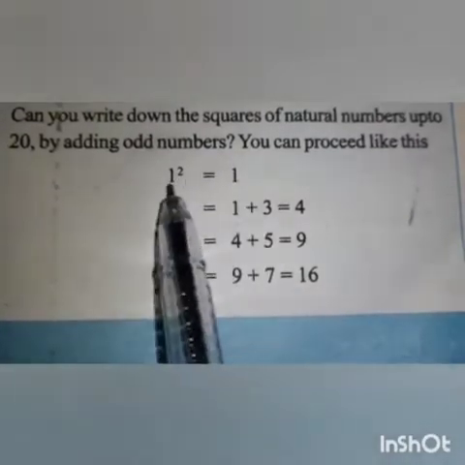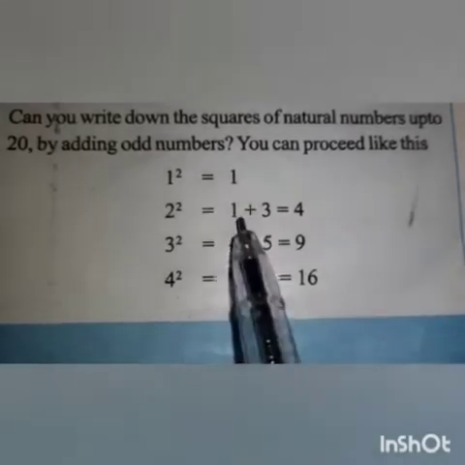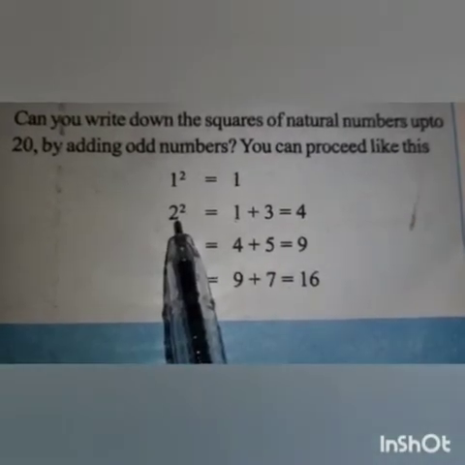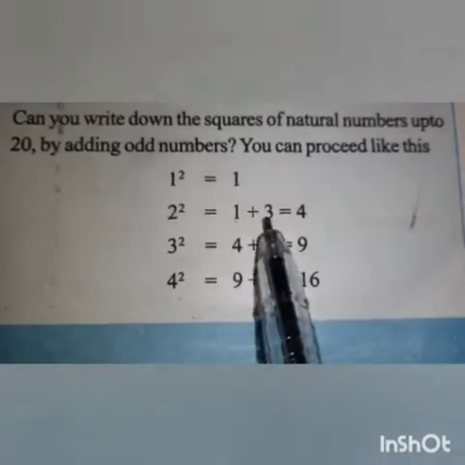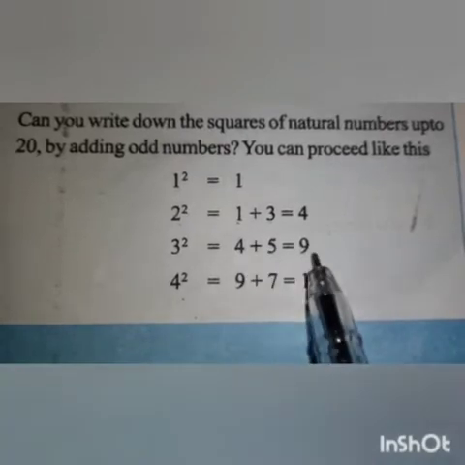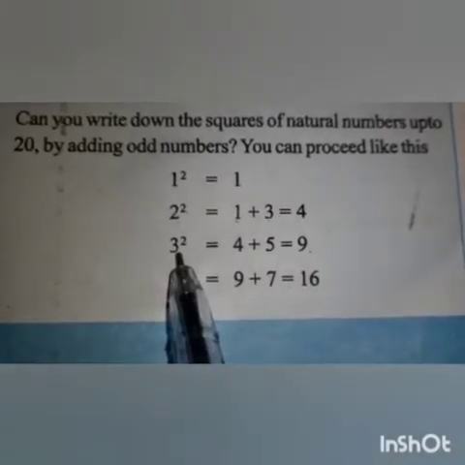So 1, it is 1 square. 1 plus 3, you are getting 4. That 4 is 2 square. Next, 1 plus 3 plus 5, that is 1 plus 3, it is 4. 4 plus 5, it is 9. So that is the square of 3.